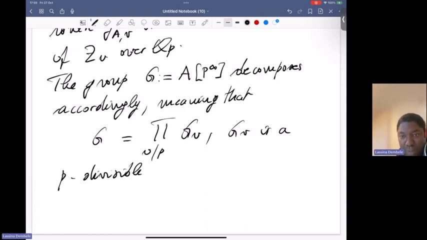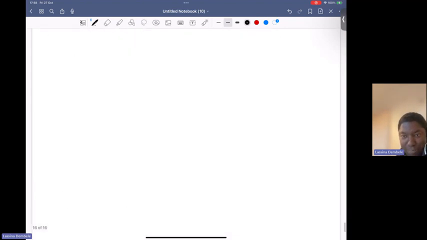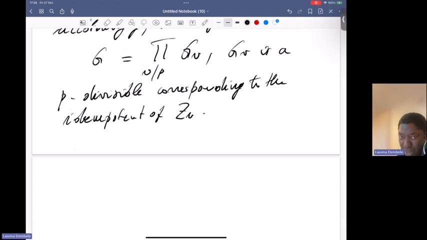So the GP is the P divisible group which corresponds to the idempotent of ZV. So you have a ring that we write into a product of rings. Each of those factors corresponds to an idempotent, and this idempotent would give us a factor which is a P divisible group over K, right?